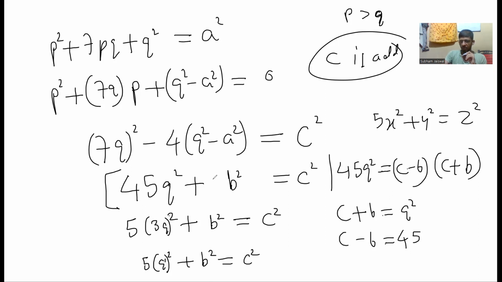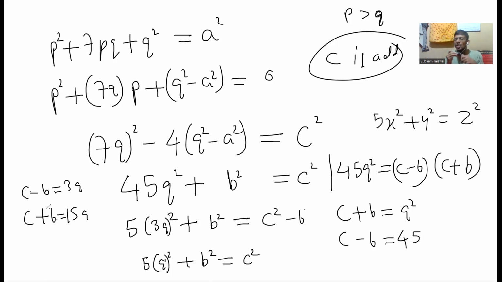Basically, when you have a difference of squares, one side has very few possibilities for prime factors, so you take all the cases. For example, c minus b is 3q and c plus b is 15q. These are all small cases which you could just work out, and there are not many, maybe 7 or 8 very simple cases.